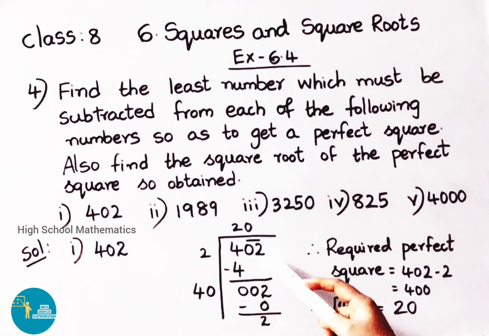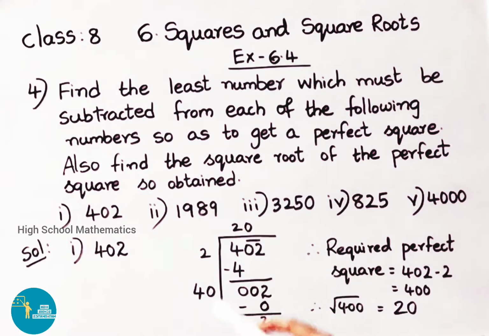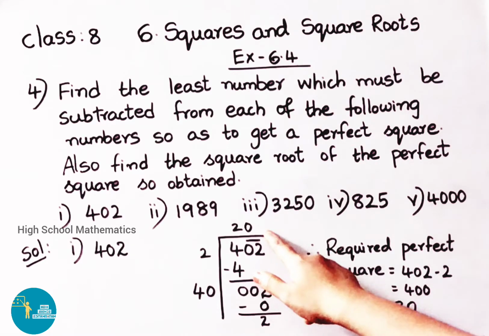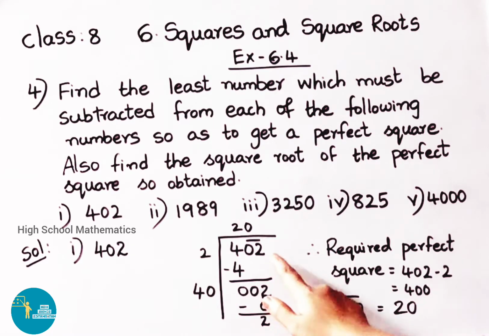Then write down the next pair 0, 2. Here 2 double value is 4. Single digit 2 is present, so we have placed here 0 and also in the quotient 0. So 40 zeros are 0. So 2 minus 0 we get remainder 2. By observing this we can understand that the square of 20 is less than 402 by 2.